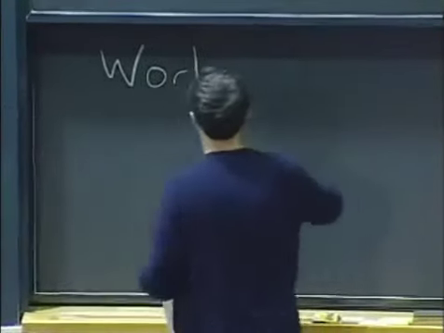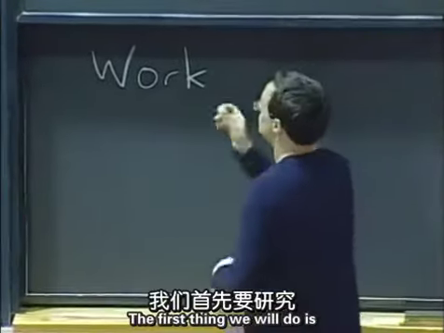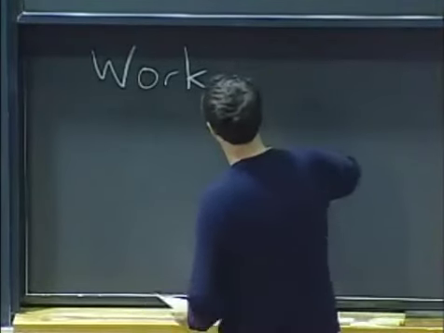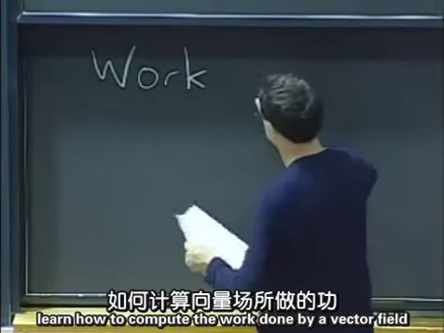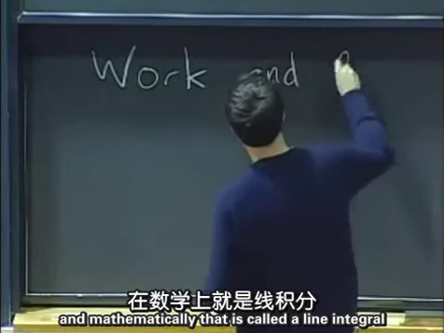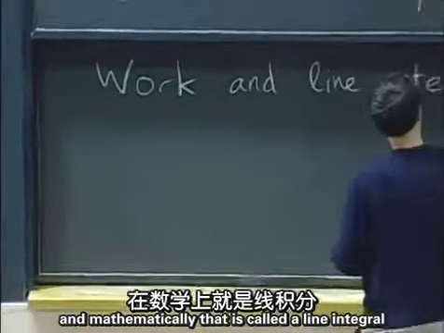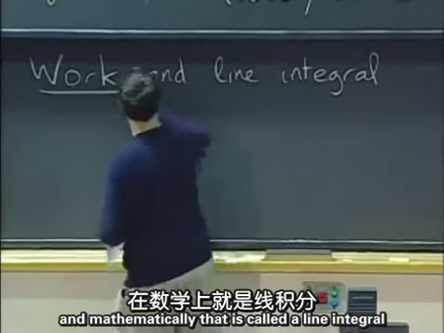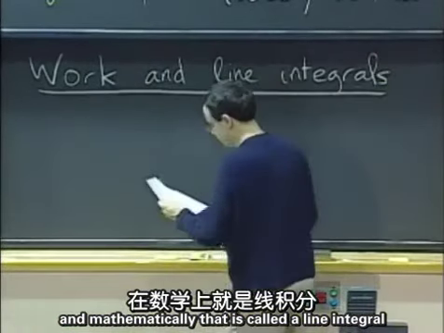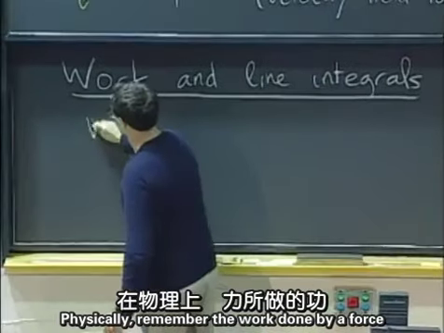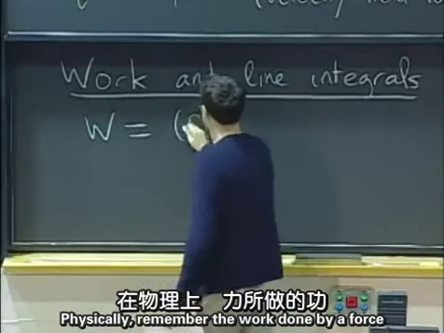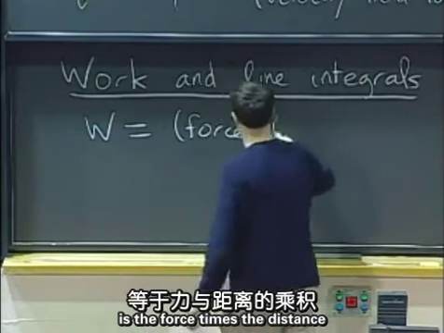So the first thing we'll do is learn how to compute the work done by a vector field. And mathematically, that's called a line integral. Physically, remember, the work done by a force is the force times the distance.